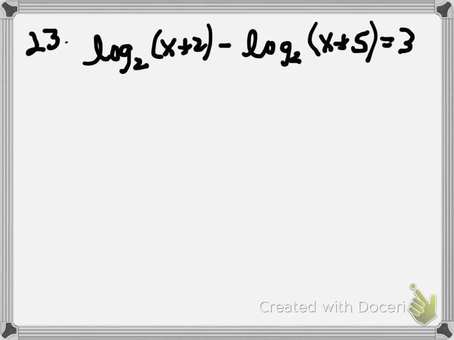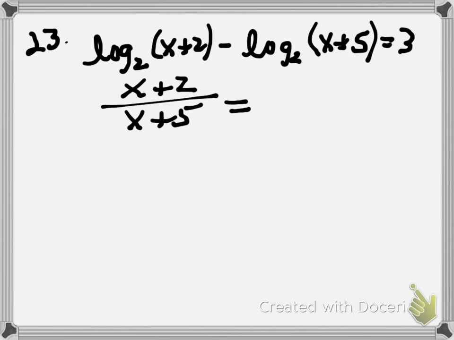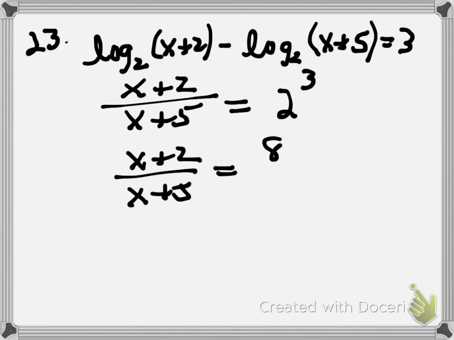So like bases, the property with subtraction is that it's division of the logarithms: x plus 2 over x plus 5 equals 2 raised to the third power. So x plus 2 over x plus 5 equals 8. Cross multiply.